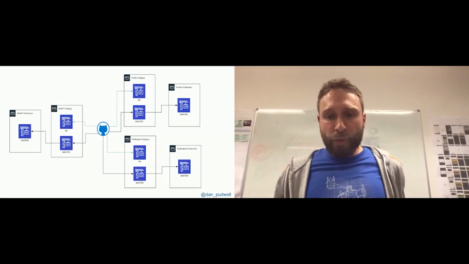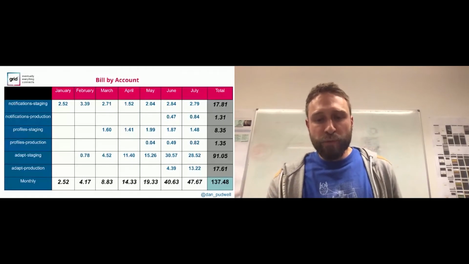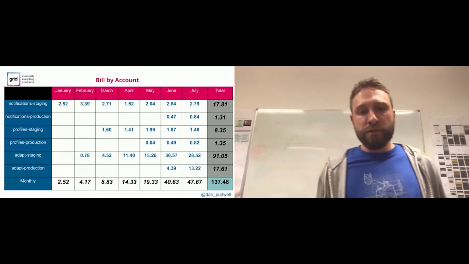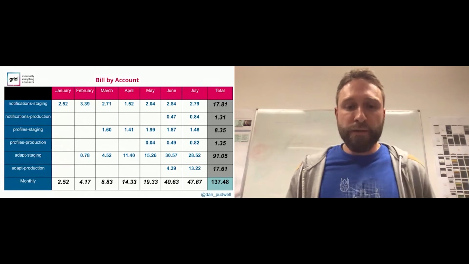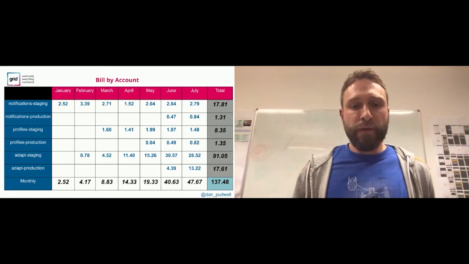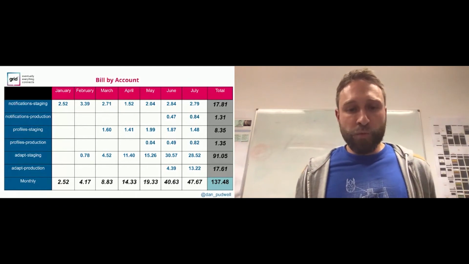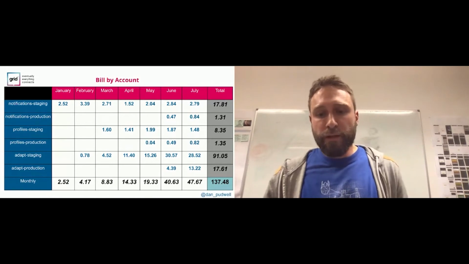But yeah, it was really interesting where, obviously as we moved along, the costs increased because we're using more and more services and adding bits and pieces together. So you can see, we didn't really look at profile stuff until the third month. Even the normal API stuff we didn't really look at until the second month of development.